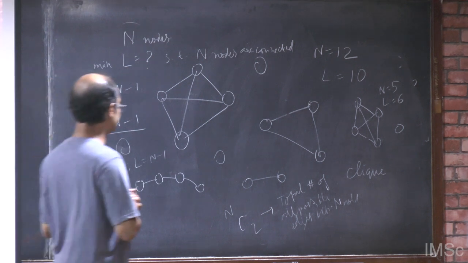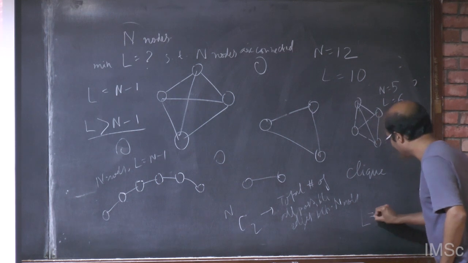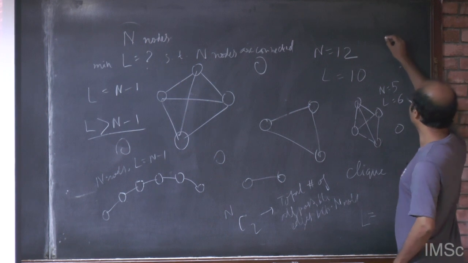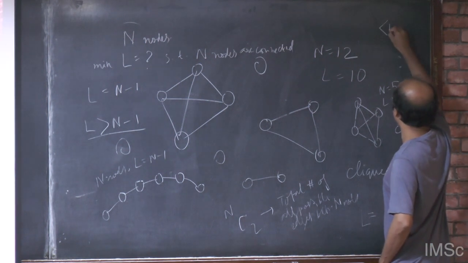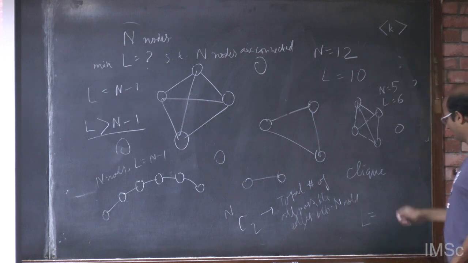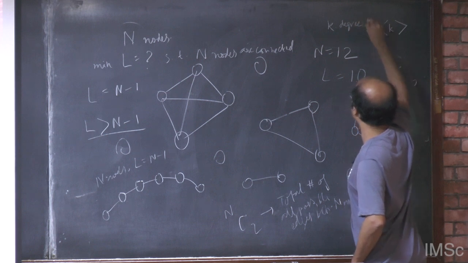So what do I mean? Suppose I'm given the average degree, let's denote it by the symbol angular bracket k, because k is typically the symbol we use to represent degree.